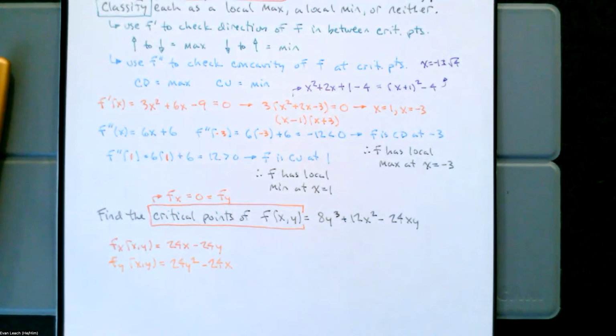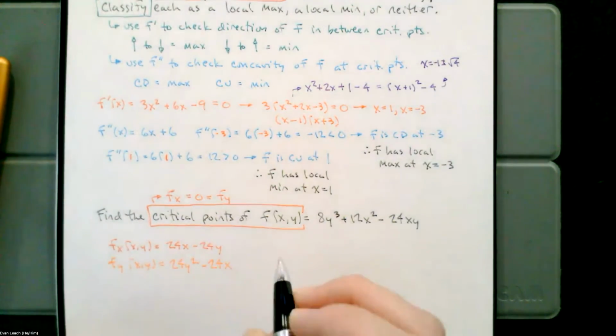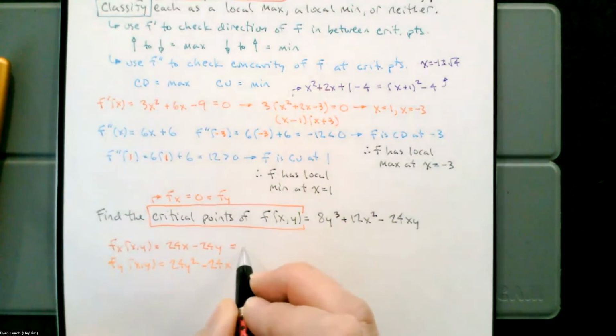So what we've ended up with, we're going to set each of these equal to 0 because that's our strategy. Take the first derivatives and set them equal to 0.